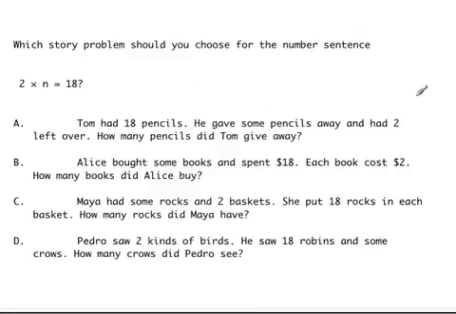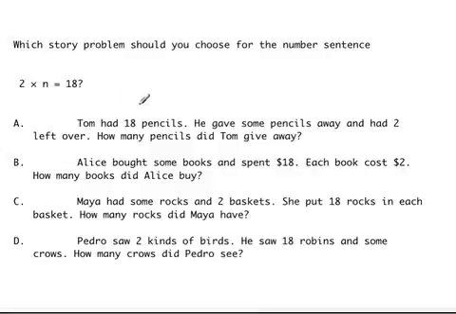Another situation may be you have to figure out which story problem makes the number sentence true. So here I have 2 times something equals 18. So read to yourself A, B, C, and D and figure out which story problem makes the most sense.